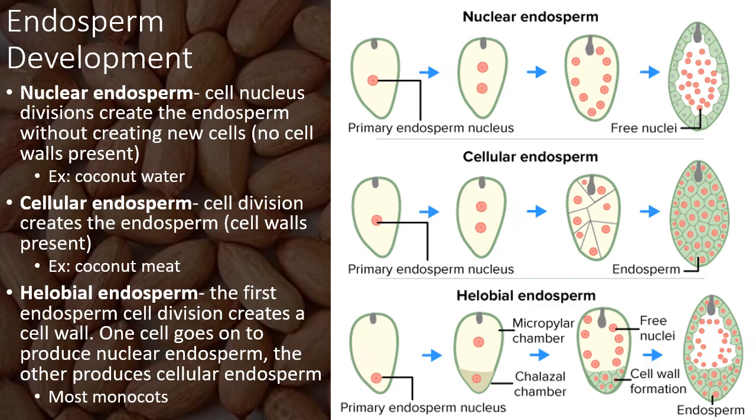So a coconut is a good example of a species that has halobial endosperm with both kind of solid cellular endosperm and liquid nuclear endosperm. Most monocots do produce halobial endosperm, but we see a lot of variation across the plant kingdom in exactly how that endosperm develops.